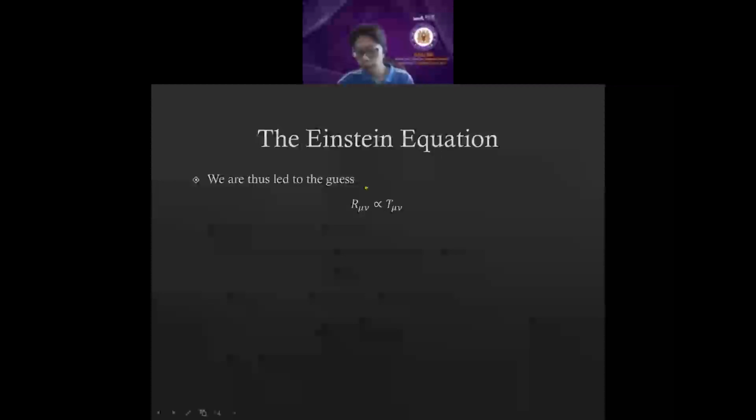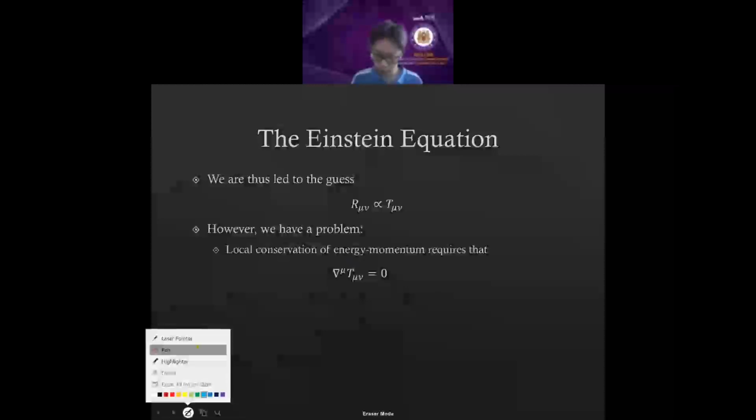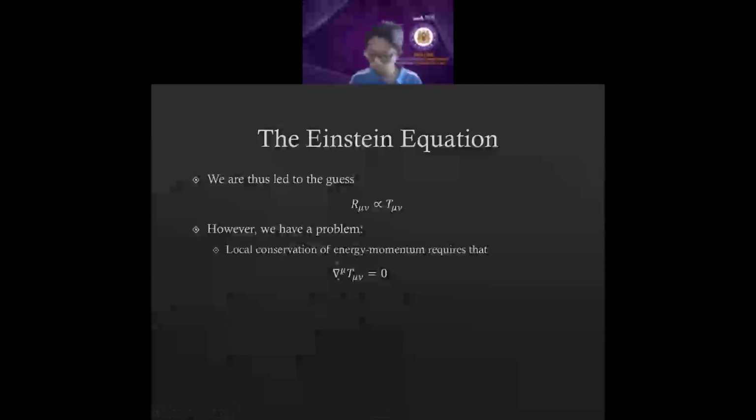That is because if we consider local conservation of the energy momentum tensor, which requires this quantity to vanish, where this quantity over here is what is known as the covariant derivative. This is something that I did not introduce in this workshop.